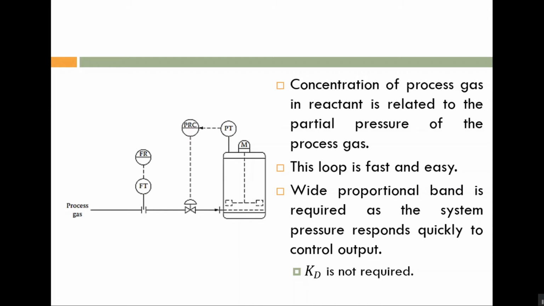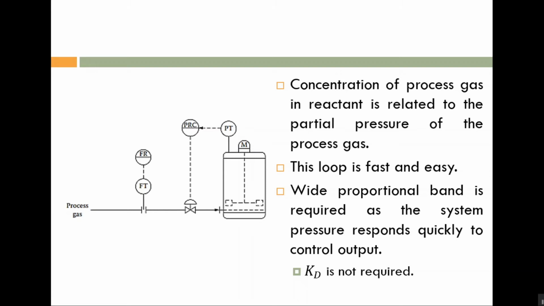So if you are manipulating the flow rate of gas, definitely the speed of response of that flow rate of process gas is also very large. So we are actually dealing with two different variables with high speed of response. The controlled variable is a variable with high speed of response, and the manipulated variable is also a variable with high speed of response.